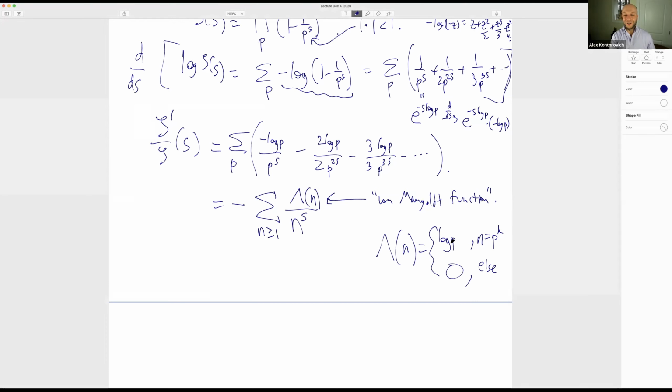Log p. So there's a contribution of log p for every single prime power. Anything that's not a power of a prime, with k at least 1, doesn't occur here. So 1 to the s doesn't occur here, because 1 is not a positive power of a fixed prime. Does that make sense?